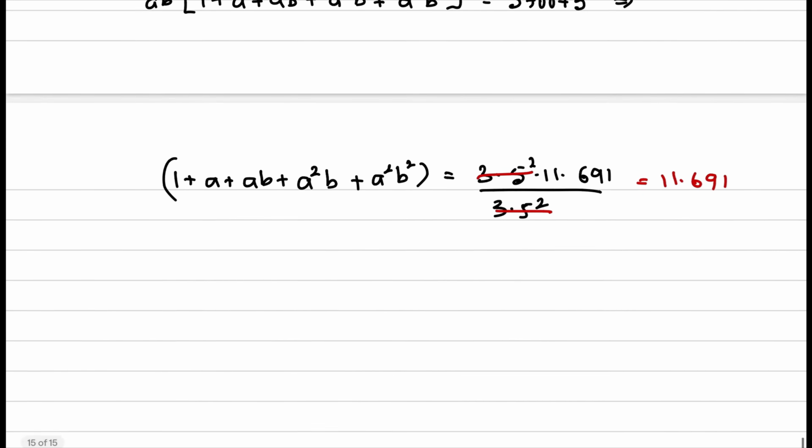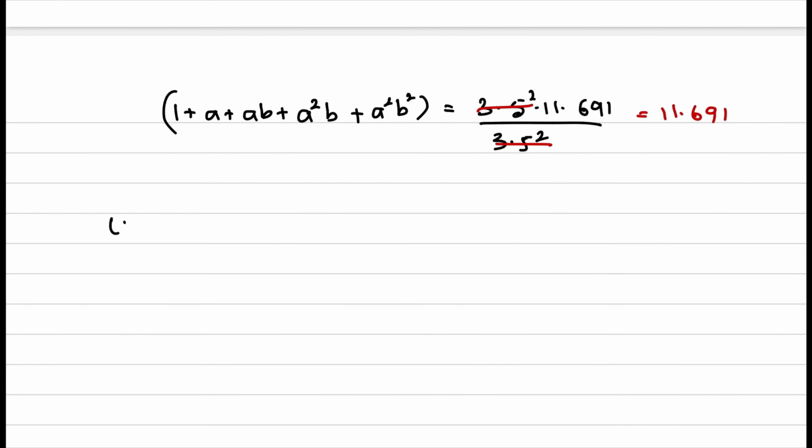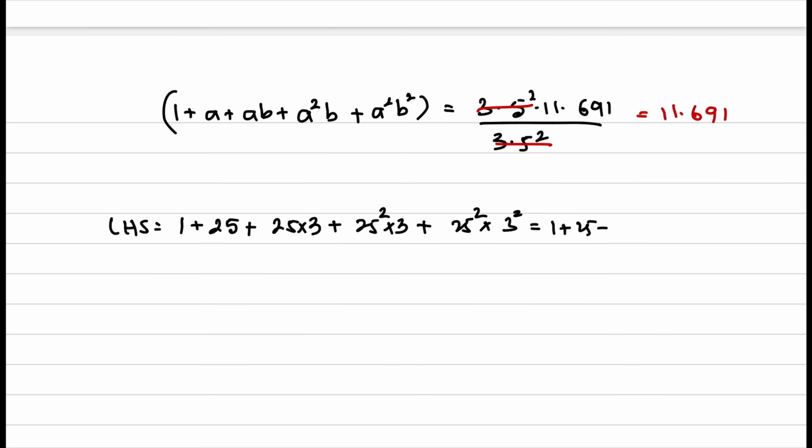Let us see what happens. Left hand side is equal to 1 plus 25 plus 25 into 3 plus 25 square into 3 plus 25 square into 3 square. That is equal to 1 plus 25 plus 75 plus 3 into 25 square is 625 into 3. That is 1875 plus 25 square into 3 square. That is 5625.